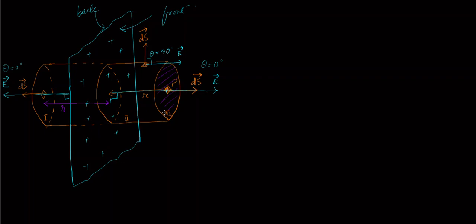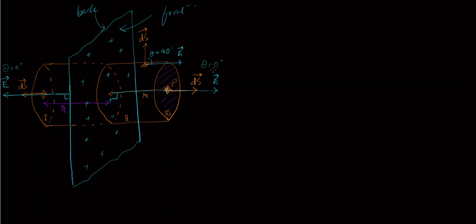Just like before, we take a small area on this region. This area is facing right side, so therefore its area vector ds will be pointing in that direction. This is ds. And what is the electric field passing through this area? Electric field is coming from the plate. It is going through the area and going in the same direction as ds. What is the angle between ds and E?